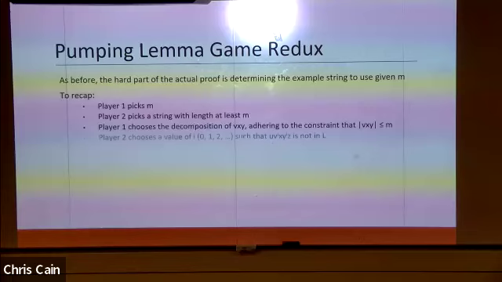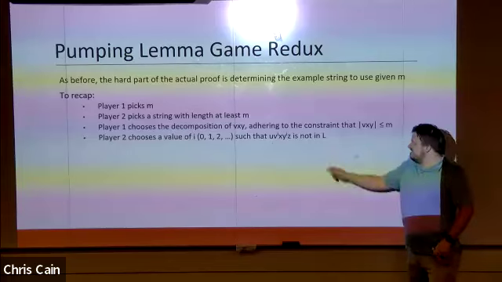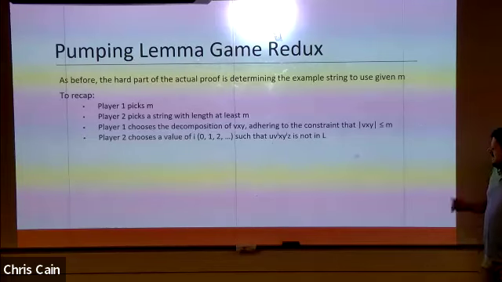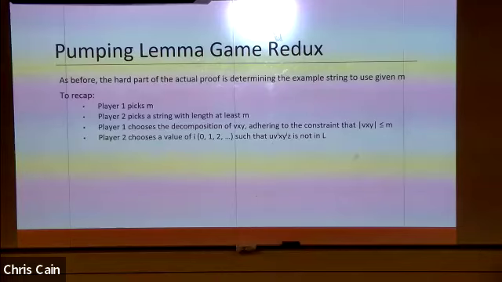Once player one does this, player two will choose the value of i such that uv^i xy^i z is not in L. If player two can do this, they have won the game. If player two cannot do this, then player one has defeated them. The idea is that if this language is not context-free, then player two has all of the ability to win this game.